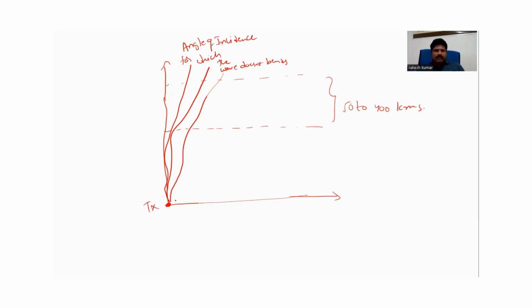Okay, so for some angle of incidence, the wave enters into the ionosphere, touches and returns back to the receiver. Similarly, another wave for another angle of incidence enters into the ionosphere and reaches the receiver. So from here to here.